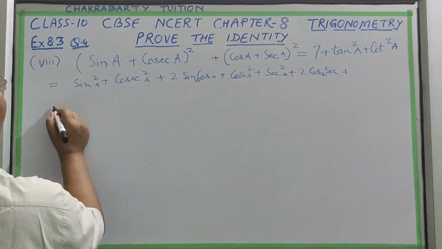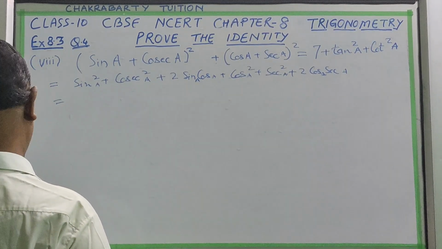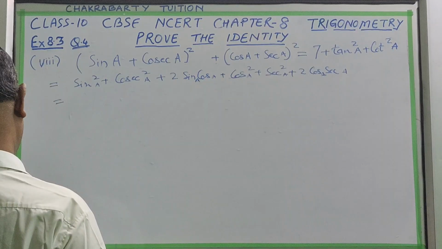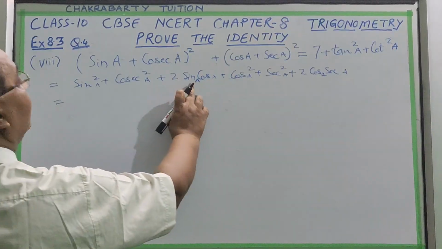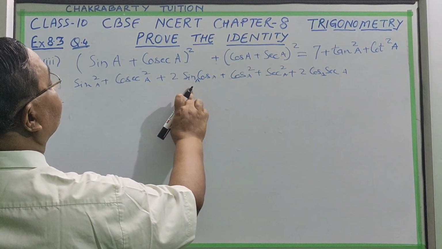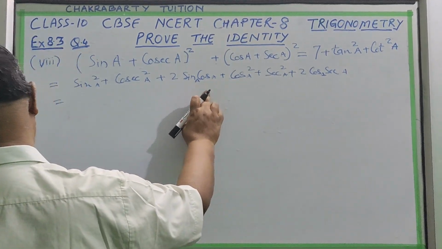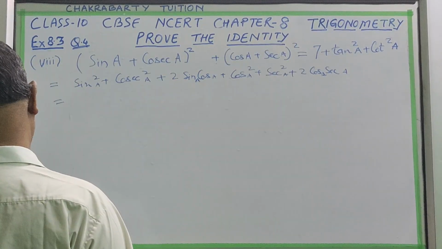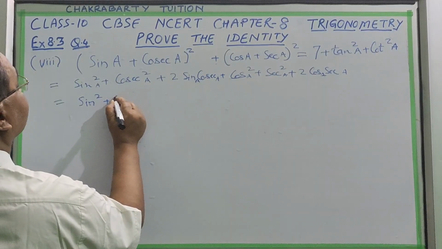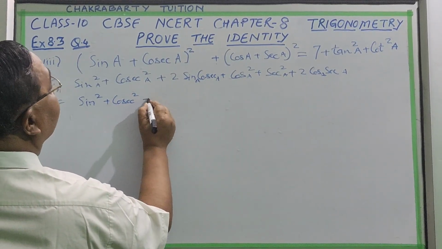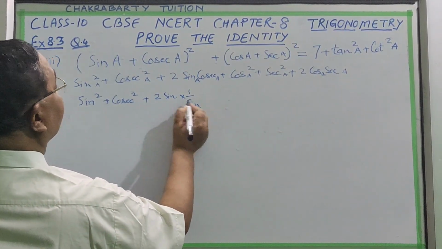Okay. Now we will write sine square plus cosec square plus 2 sine into, here cosec we are changing to 1 upon sine, so that we can cut it.